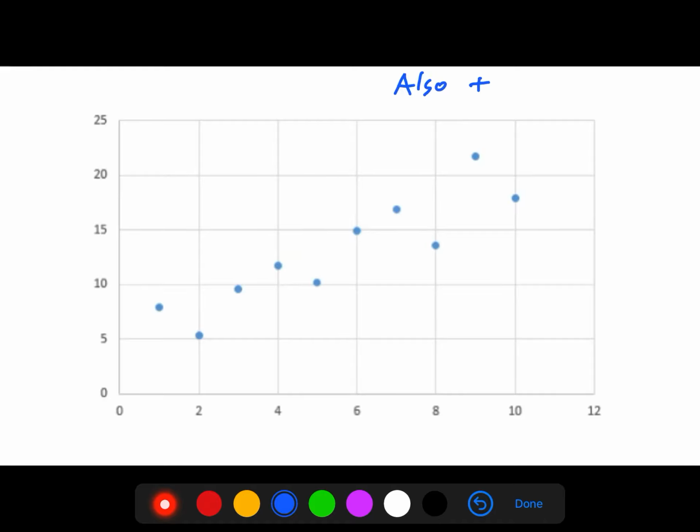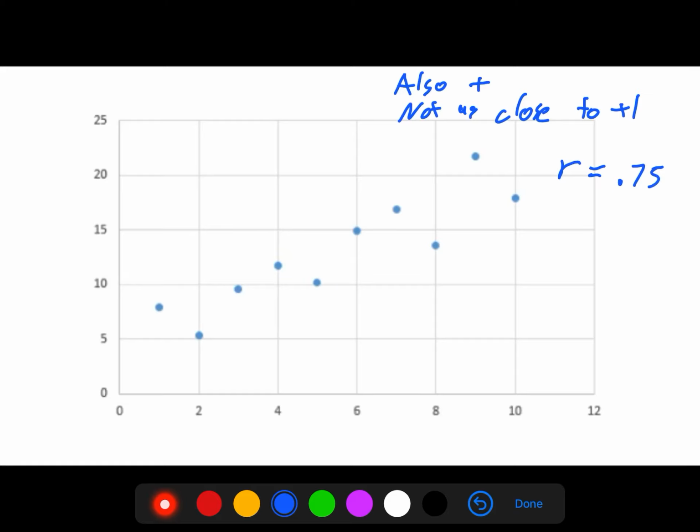This one is also positive, but I would say it's not as close as the last problem. The previous graph looked a lot more like a line than this one, and so this one is not as close to +1. So what number is it going to be? Well, if we put 0.9 for the last one, maybe 0.8 or 0.75 or something like that. 0.8, 0.7, somewhere in there.